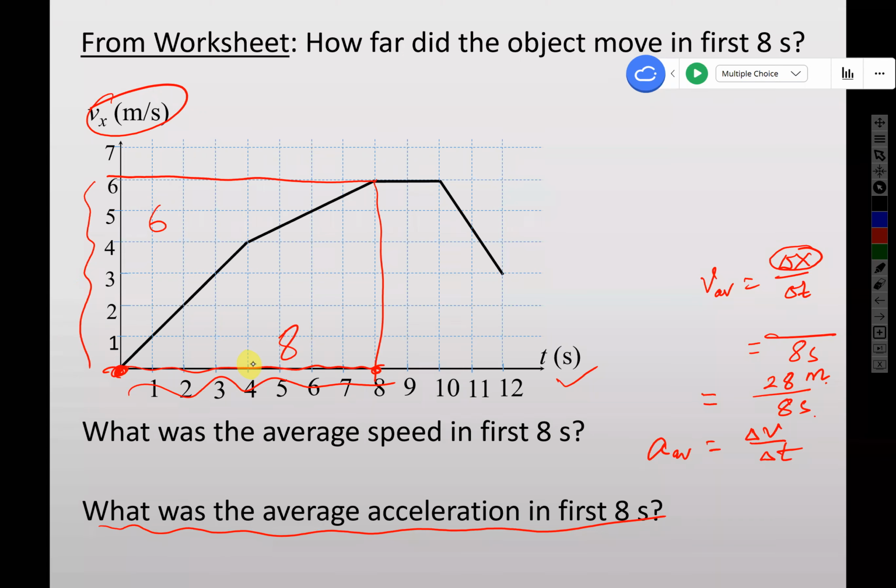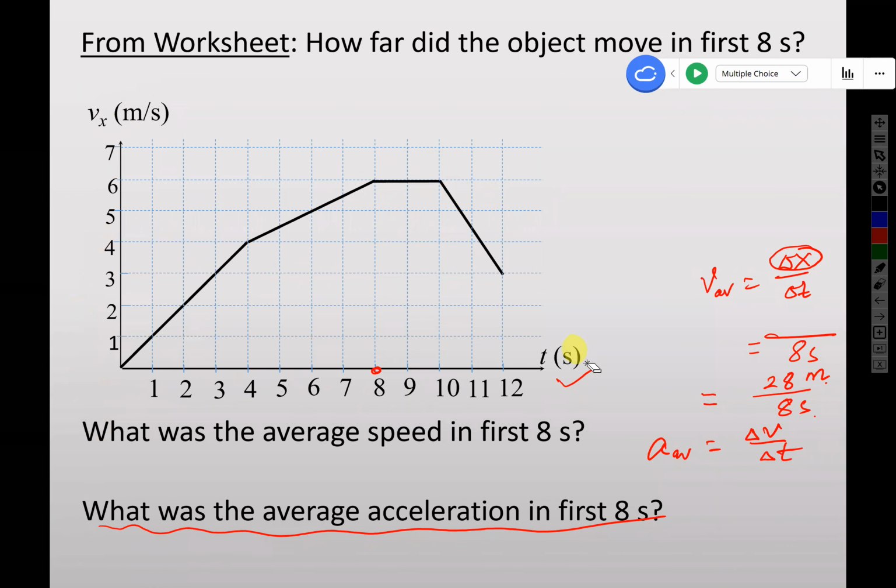Or you can draw a straight line for the average and find the slope of that. Either way, you should get the same answer, 6 over 8. So that's how we can use a velocity versus time graph to get displacement and other things as well.